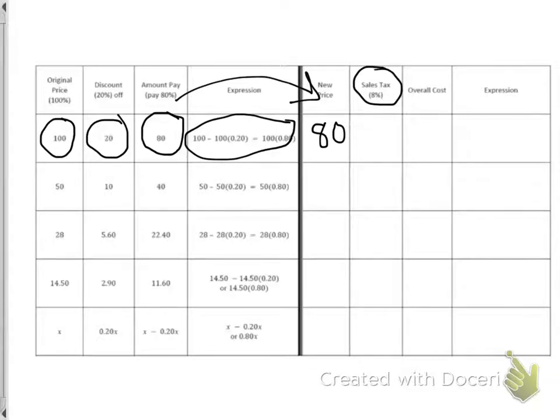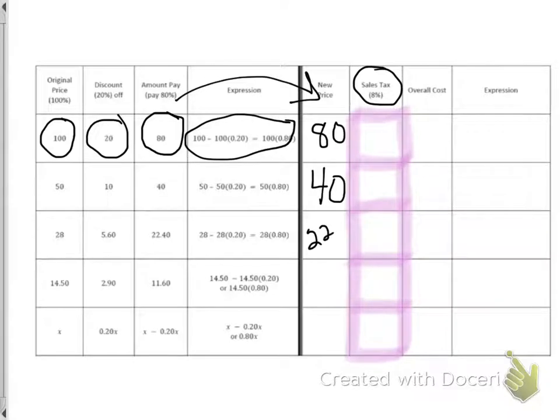So what I want in this square of this table for the rest of these is 8% of each one of our new prices. So let's go ahead and just bring our new prices over. If you want to do this with me as I do this, these are all of our new prices.